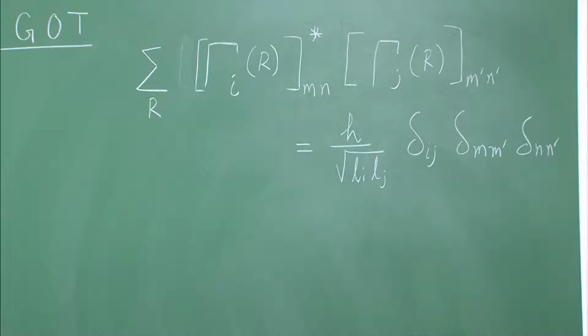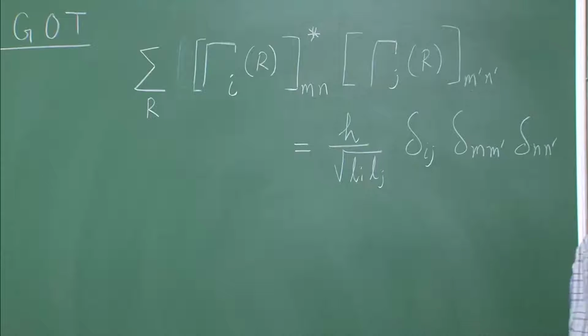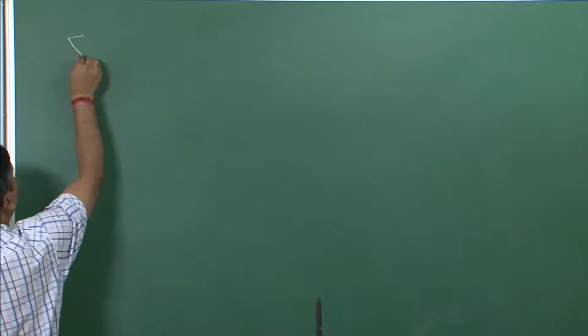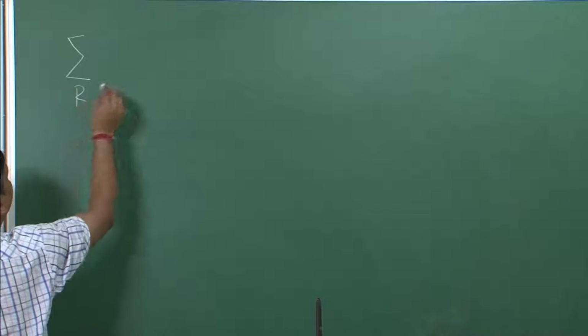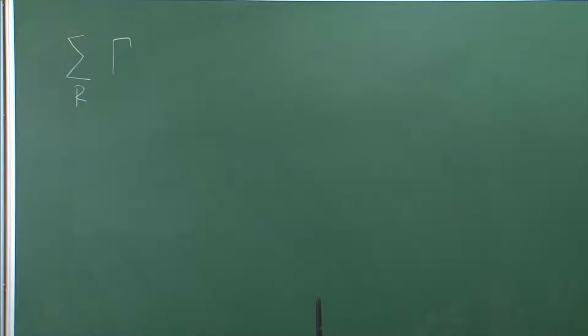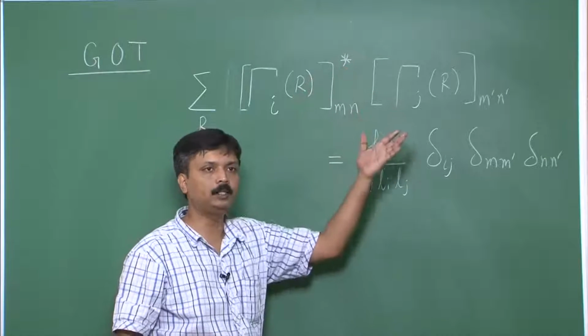Now it will be more clear if we split this big equation into three comparatively shorter equations. So we can write in this way. By the way, one thing I missed out here, what is the star? So star corresponds to the complex conjugate.